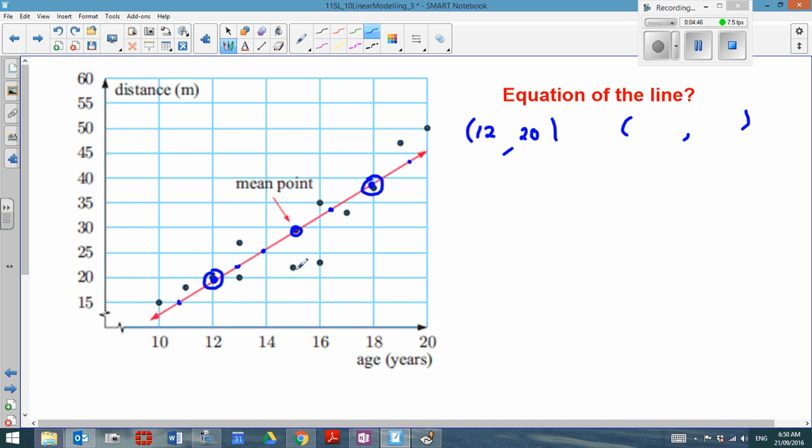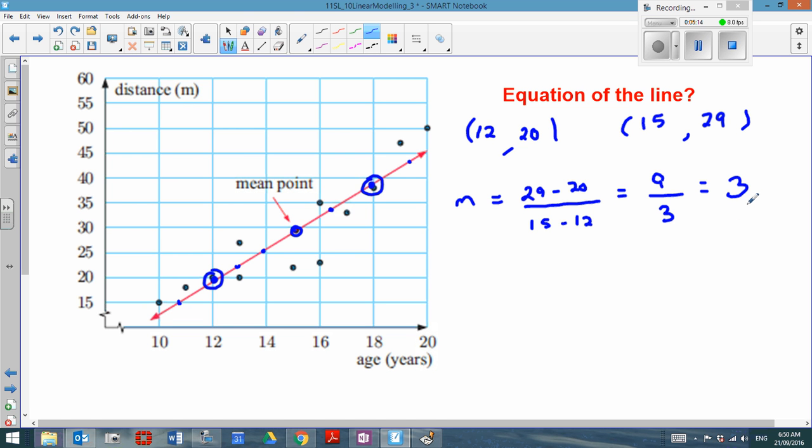So let's use 15 and 29, since we know that point hits exactly on the line because we made it. All right, so now we find our gradient. y2 minus y1, so 29 minus 20, divided by x2 minus x1, 15 minus 12, and we wind up getting 9 over 3, a gradient of about 3, okay?